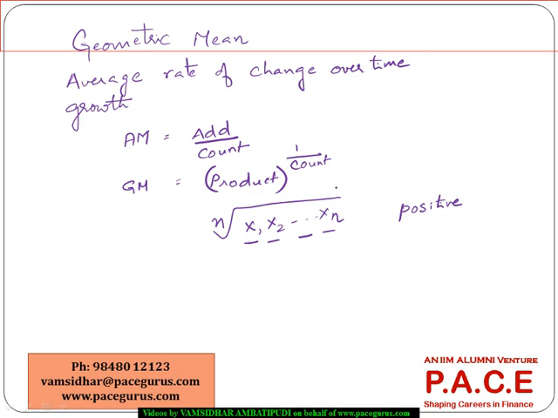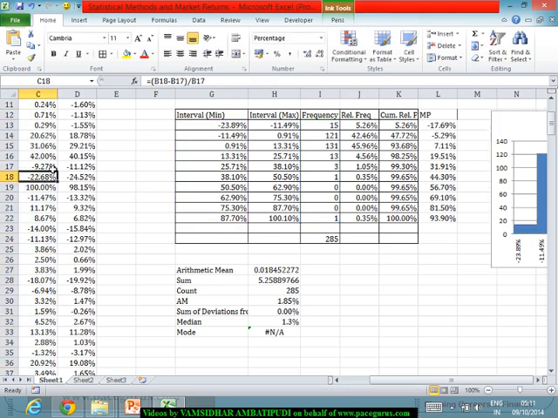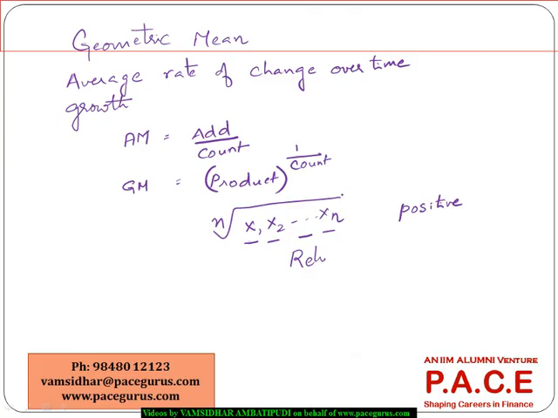But what happens is the typical returns related data which we had here, there were negative values as well to a very large extent. So because of that, I may not directly apply the geometric mean concept to my returns data, because there could be negative values.